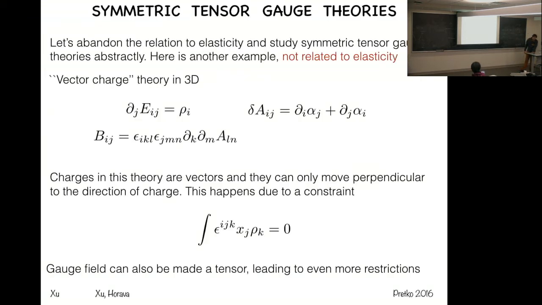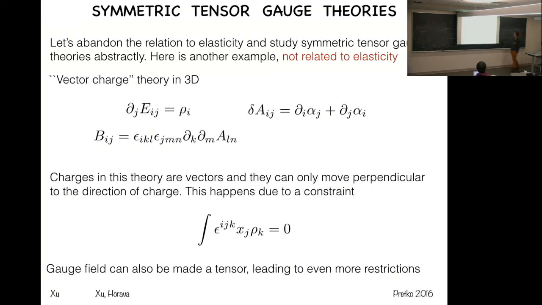Now, what was not understood a long time ago is that symmetric tensor gauge theories are not just useful for describing something dual to elasticity. Instead, you can let elasticity go and just think about gauge theories of symmetric tensors, or tensors that have symmetric and anti-symmetric components, or any combinations thereof. One example of such a theory that, as far as I know, does not have an elastic dual is vector charge theory in 3 dimensions.